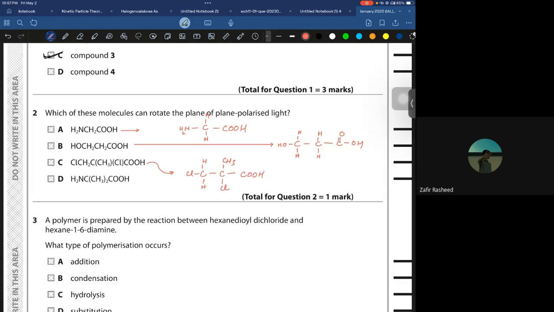Yeah, of course it has a chiral center. Different, different, different, then different. So four different groups attached. So this is C. If it has a chiral center, it's going to rotate the plane of plane polarized light.